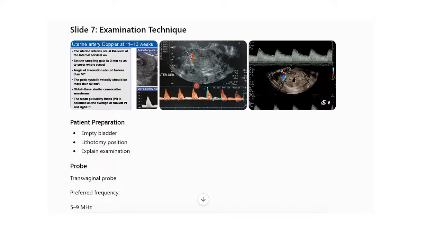The highest point of the wave, this one, is the peak systolic velocity. Then this other depression that you have here is the end diastolic velocity. And there's also a notch. You see this depression, that's a notch there. A notch represents that the vascular channel is not as open as it is when someone gets pregnant.